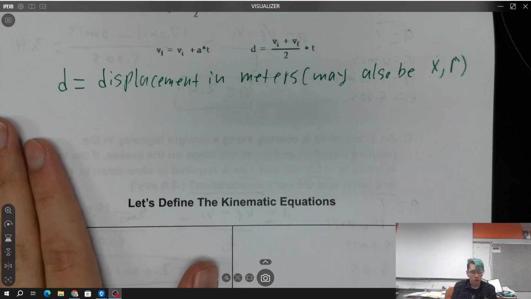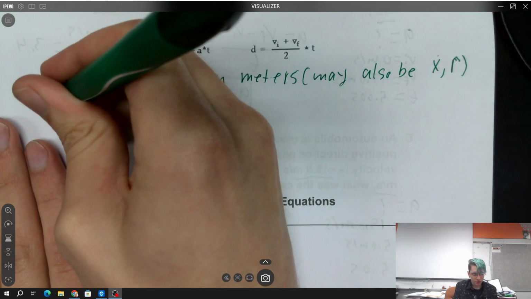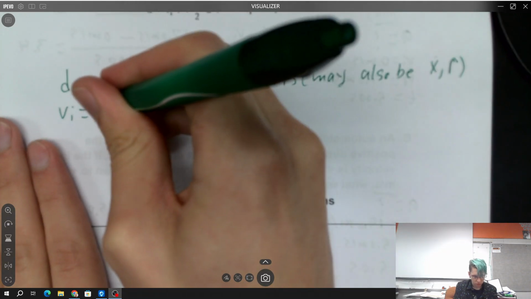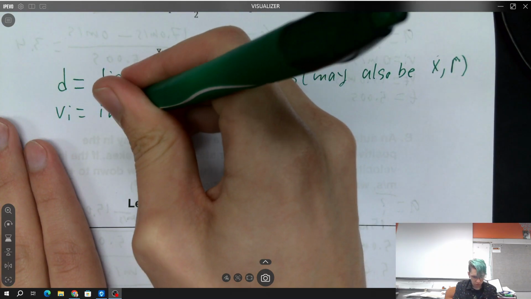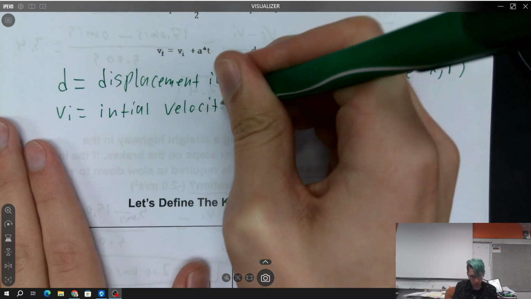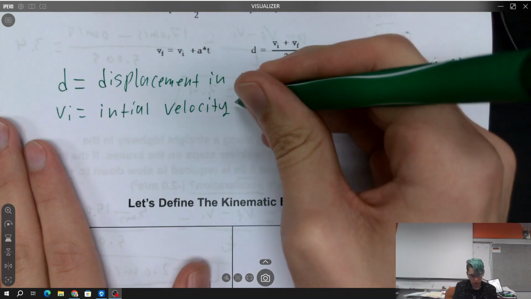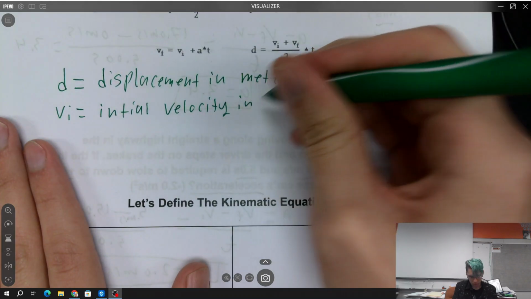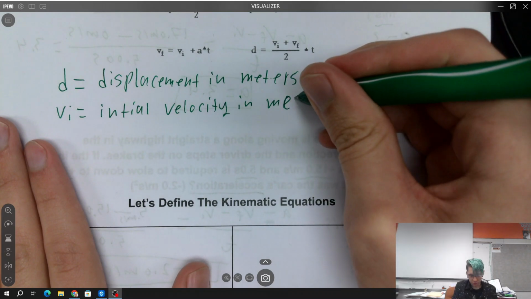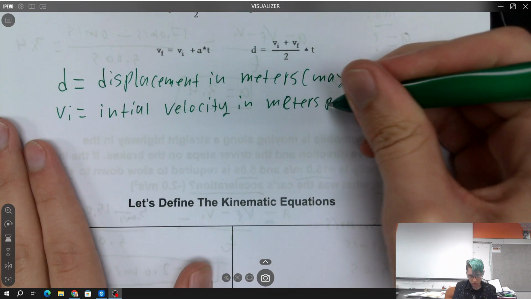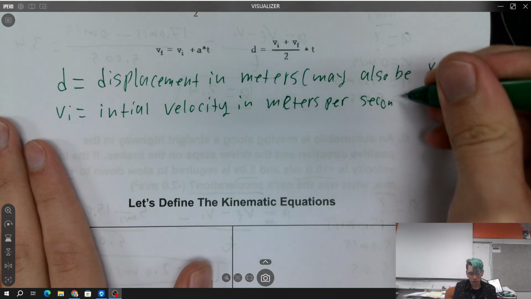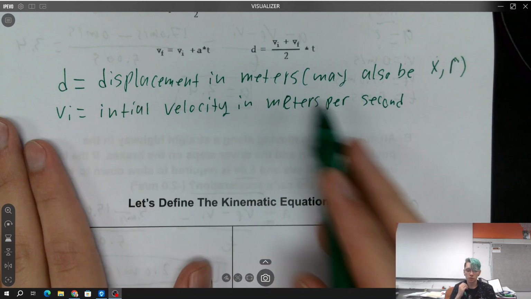Okay, then the next big thing, we have our initial and final velocity. I'm going to go ahead and write that out. Meters per second. It doesn't have to necessarily be these units, but these are the units that we generally use for these questions.